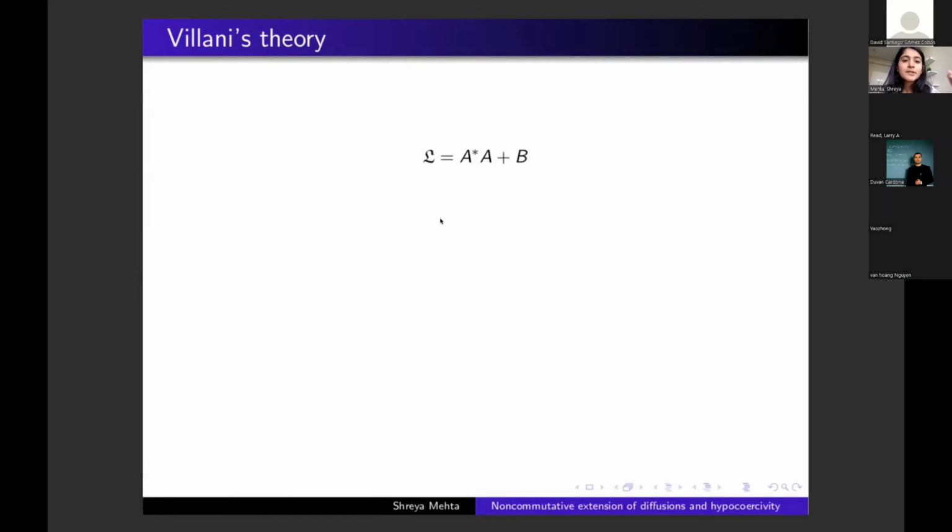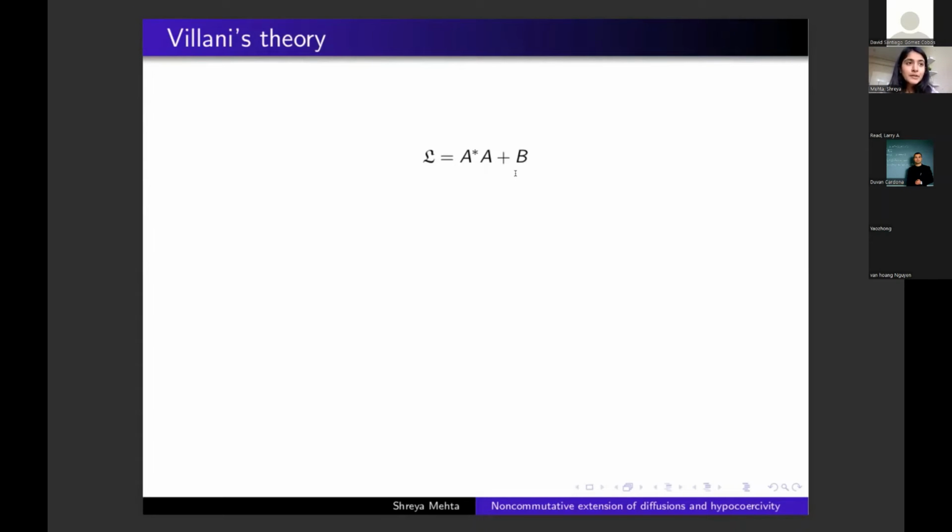So for this operator that we considered, L, which is equal to A*A plus B, this part A*A is conservative, and it's a coercive operator, which implies hypercoercivity. But B is an antisymmetric operator, and it's a non-coercive, degenerate dissipative operator.